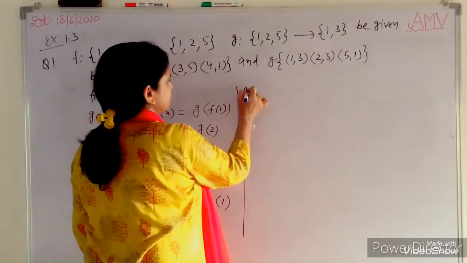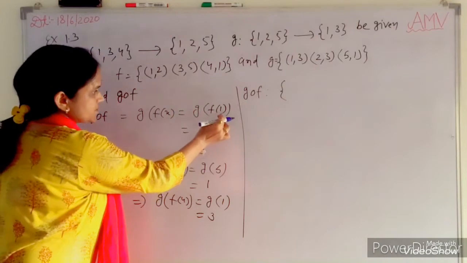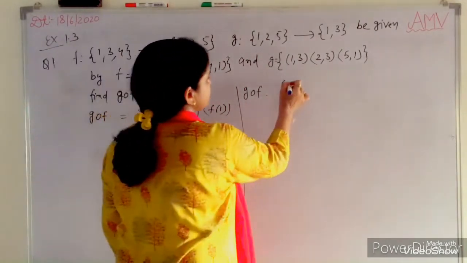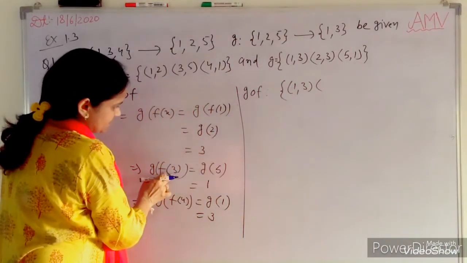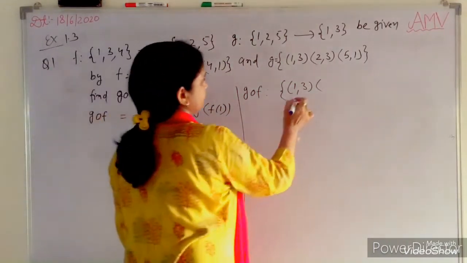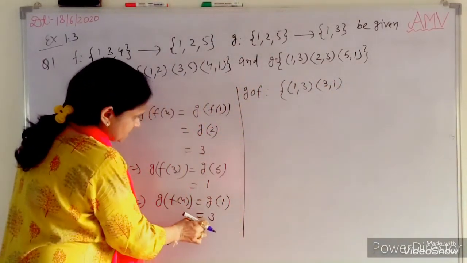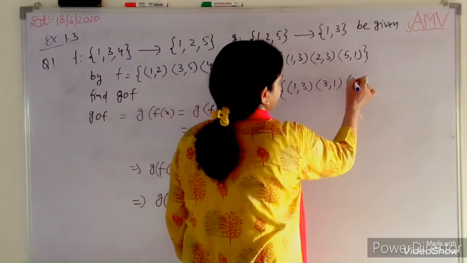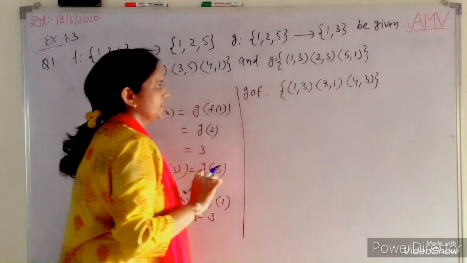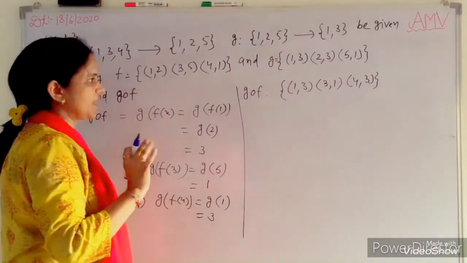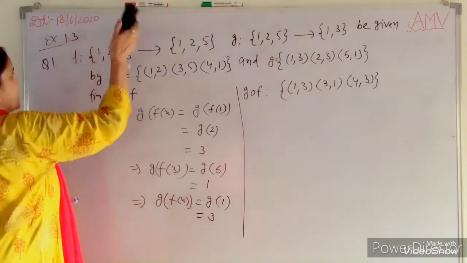So, student, GOF: the image of 1 is 3, so we can write (1, 3), and from here the image of 3 is 1, so (3, 1), and the image of 4 is 3, (4, 3). It is GOF. Next question.